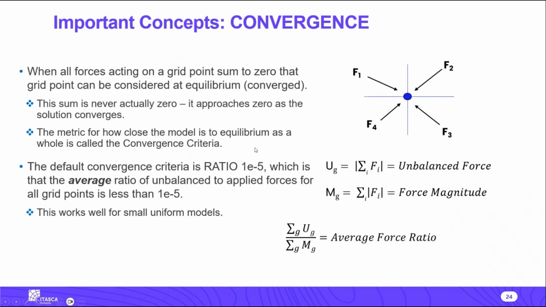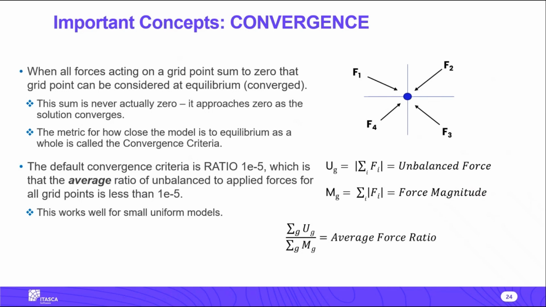This is a ratio of the unbalanced force to the applied forces. And again, if you need the details, you can go back to that very first presentation about the generalities of numerical modeling and the explicit method. But imagine you start out with a very large applied force, and you also have a very large unbalanced force, because you're applying a force and no stresses have built up yet, so it's basically not being balanced.